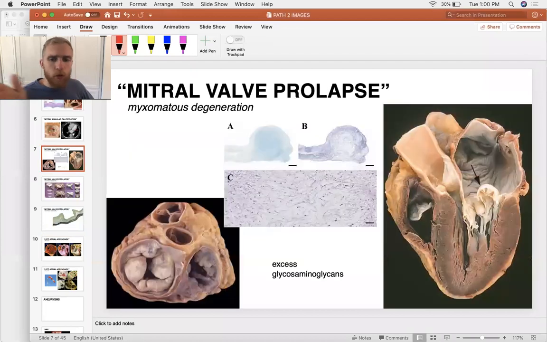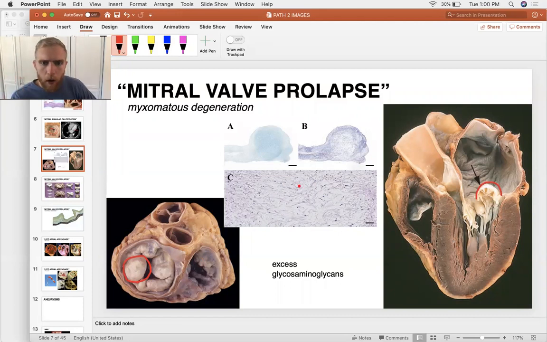And looking at some gross images of a mitral valve prolapse. This is parachuting right here. This on the right side of the screen, I mean, look at that shape. That's an army paratrooper basically. And then here you see it top down axial view. It's puffy, it's bubbly, it looks like a pastry.